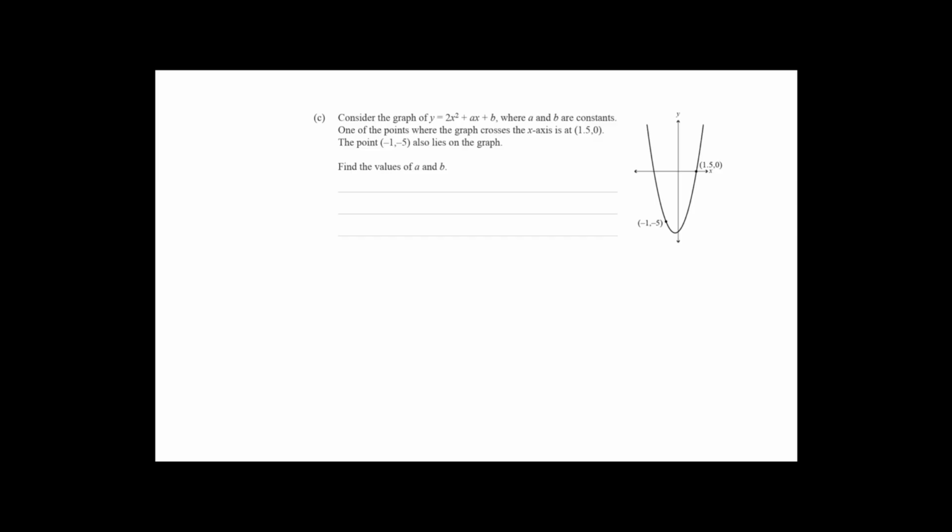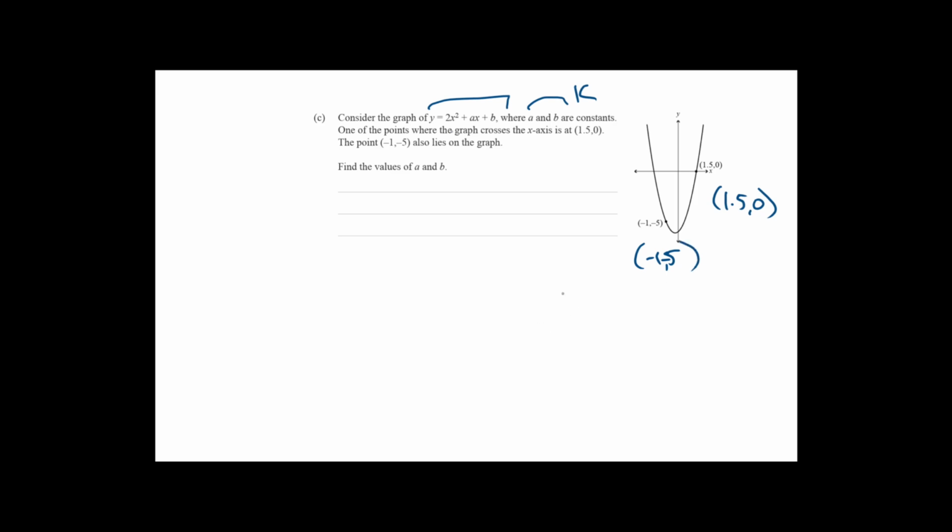Okay, so now we're given this parabola, and we're told that it has this equation here, y equals 2x squared plus a, which we don't know, x plus b, which we don't know. A and b are both constants. One of the points where it crosses the x-axis is at 1.5, 0, and the other one is at -1, -5.